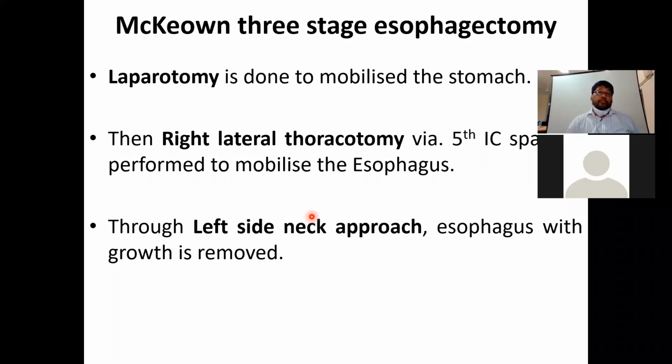And then we open the thorax. So right lateral thoracotomy is done. Through the fifth intercostal space on the right side, we open the thorax and we mobilize the esophagus. And through the left side of the neck, the esophagus, along with the growth, is removed. So these are the steps of McKeown's three-stage esophagectomy.